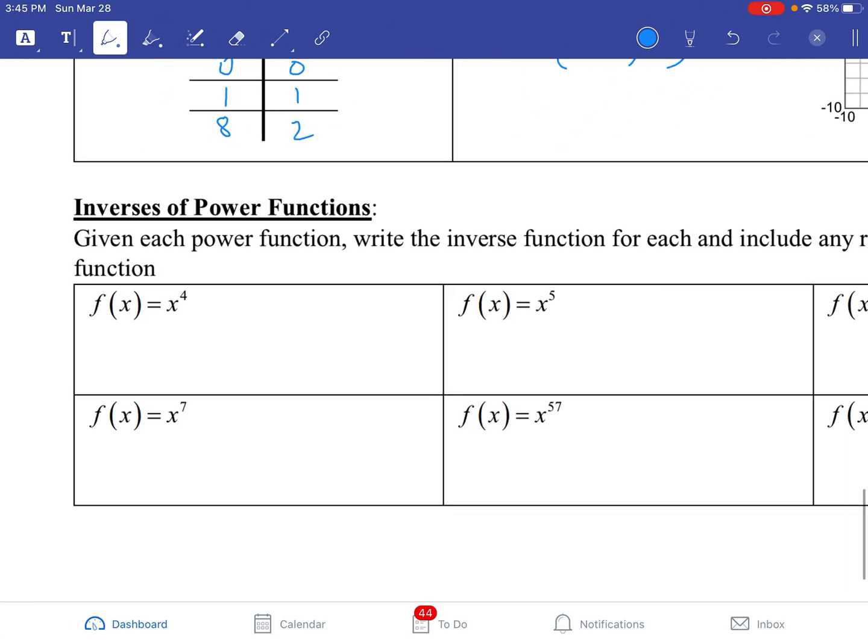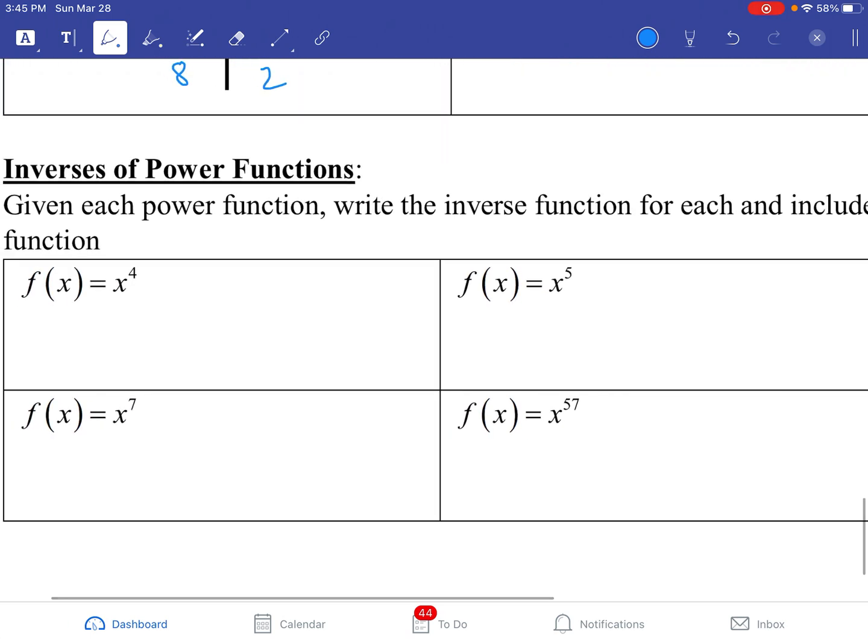Okay, so you have x to the fourth. If we find the inverse of this, we're going to switch the x and the f of x out. So the inverse is going to be the fourth root of x. There we go. But because it's an even degree, it's not invertible unless you restrict its domain. So the domain has to be, x has got to be greater than or equal to 0.